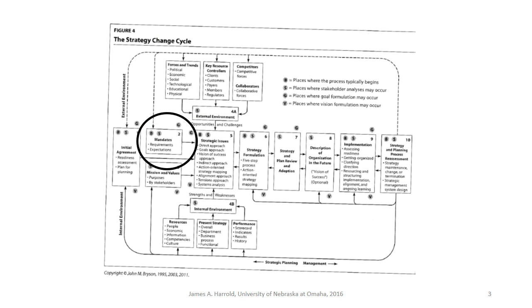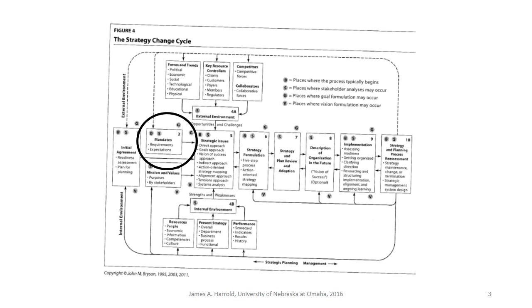Okay, this is the Bryson 10-step strategy change cycle. Again, this isn't a really good picture, but what you should do at this point, if you have your textbook out, turn to page 44 and 45, where the 10-step model is depicted. Again, we're going to be going back to this model throughout the semester.